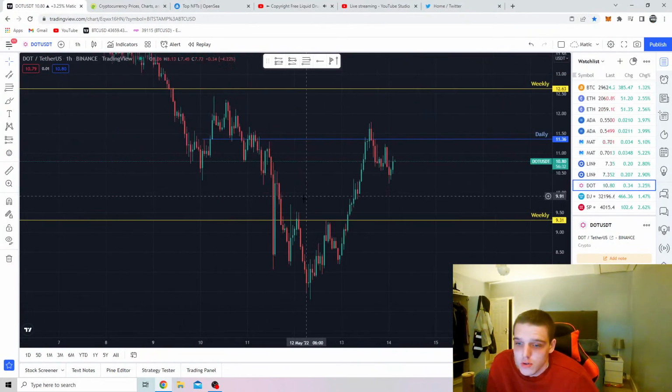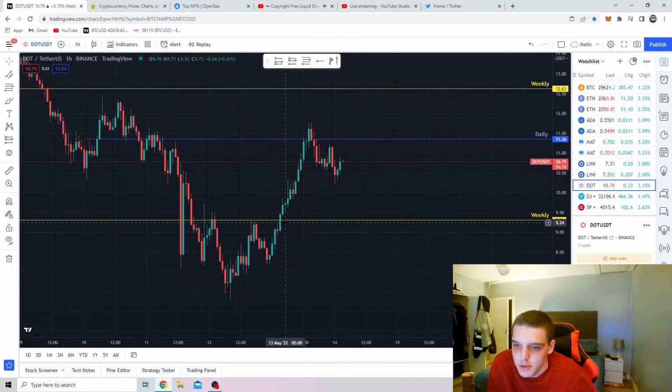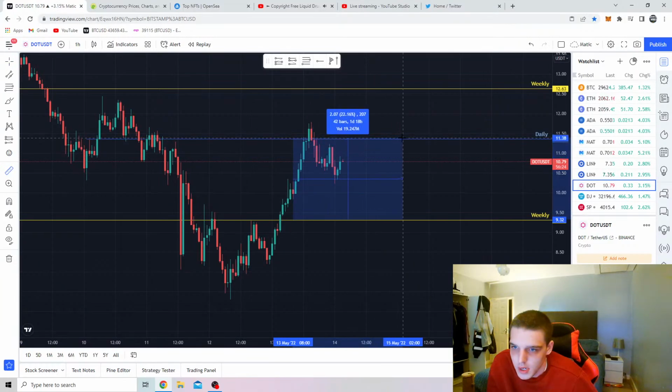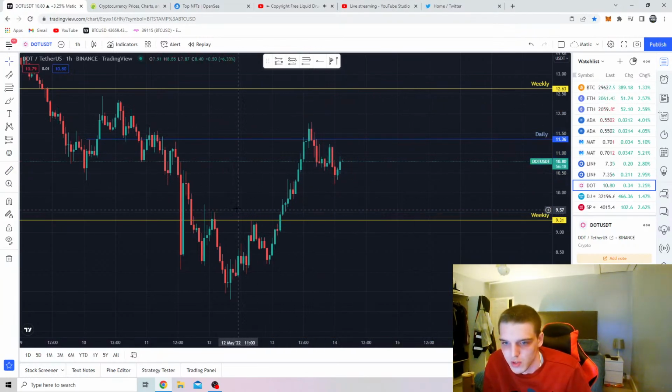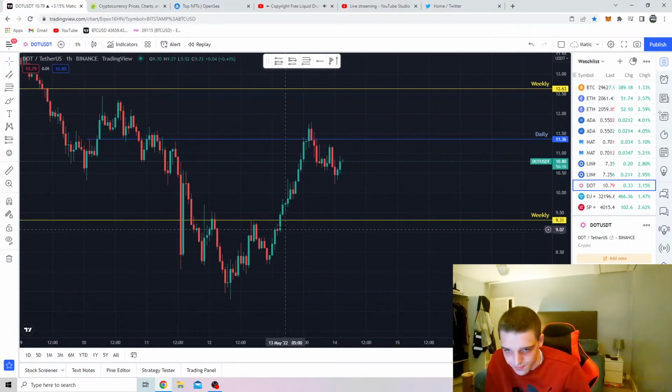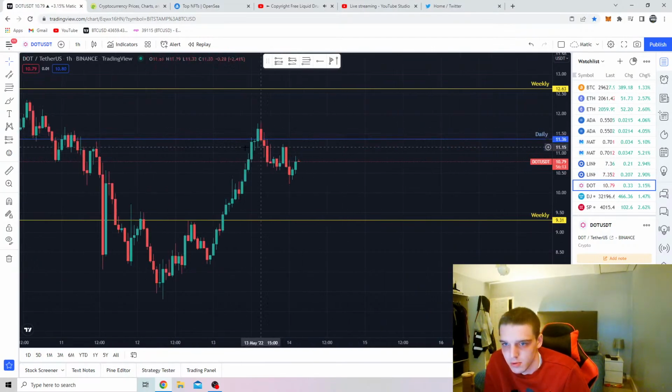But DOT looks really good as well. DOT ended up reclaiming this weekly level here, and then it had a very nice pump after the weekly. It pumped a nice 26%, and that's just because it reclaimed that weekly level, which was causing it problems. It came up to the daily level, and now we're coming to a rejection point.